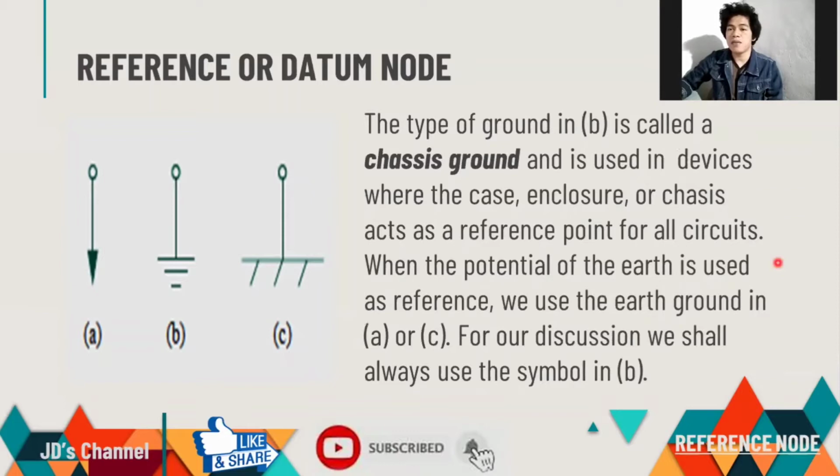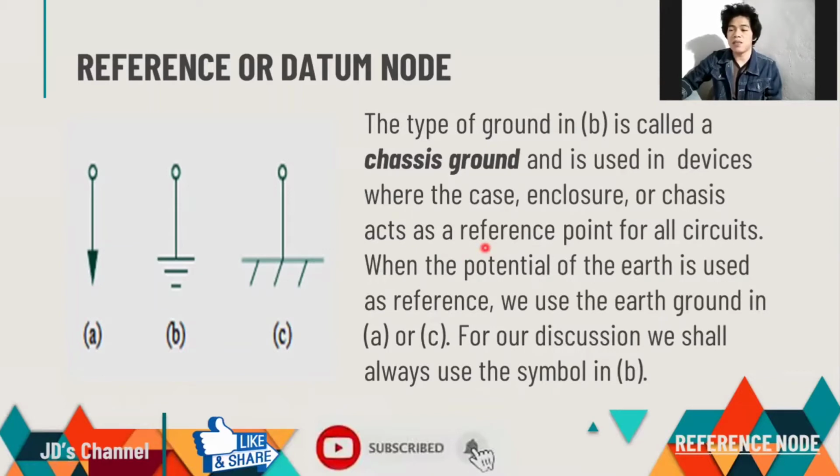So, the type of ground in B is called the chassis ground. So, ito po, tawag dito natin is the chassis ground, and is used in devices where the case enclosure, or chassis, acts as a reference point for all circuits.